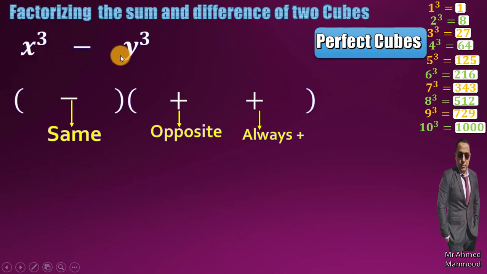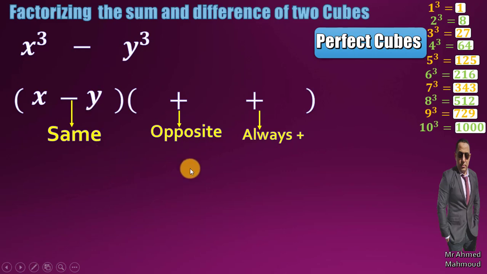Cubic root of x power of 3 is x, cubic root of y power of 3 is y. To fill the small bracket, you take the cubic root of the original terms: x power of 3, divide the power by 3, it will be x power 1, and cubic root of y power 3 equals y.